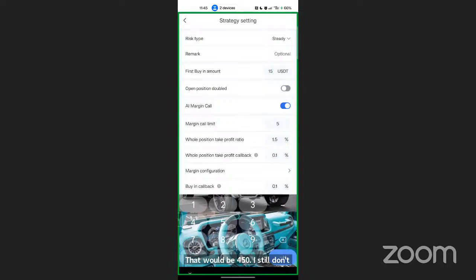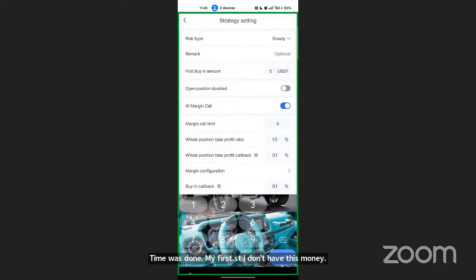It must be there. So let me say I lower this to 10. 2 plus 4 plus 8 plus 16 plus 32, it is 62 times 10, my first buying amount. I don't have this money. Maybe I lower down to 5.